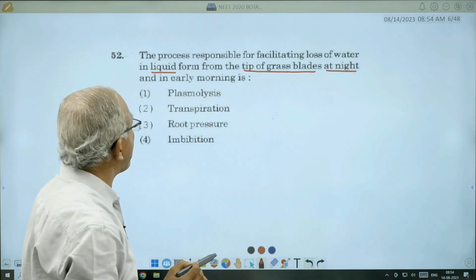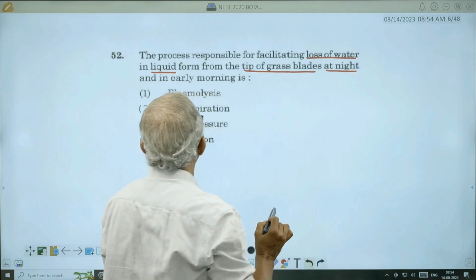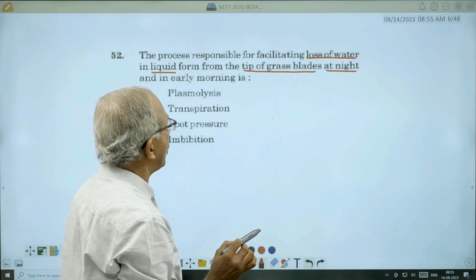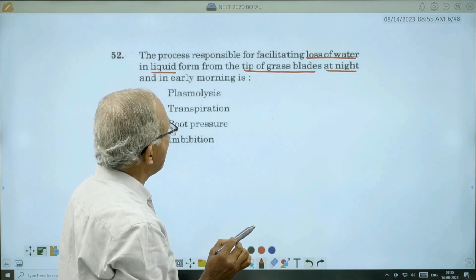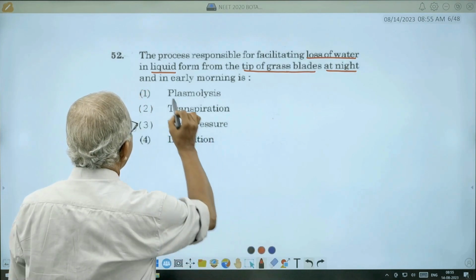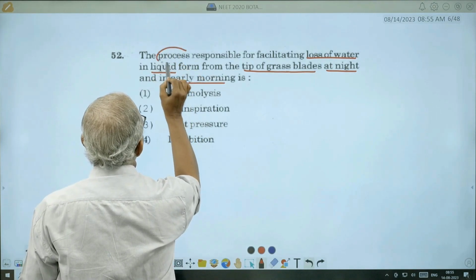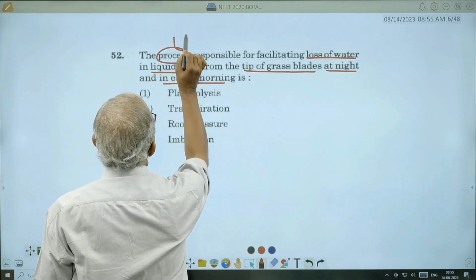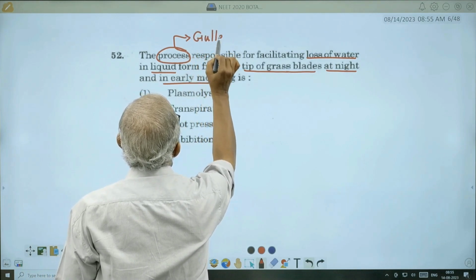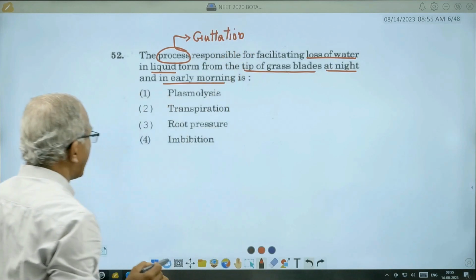From these points, that is loss of water in the form of liquid, from the tip of grass blades, and it occurs at night and in early morning, the process is identified as guttation.